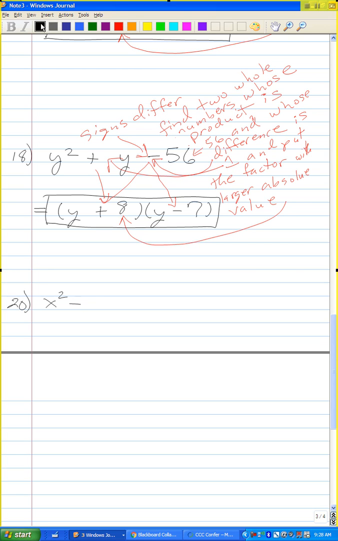X squared minus 8x minus 65. And so that's going to equal x. I drop down the minus, times minus is plus. And so this says that the signs differ.